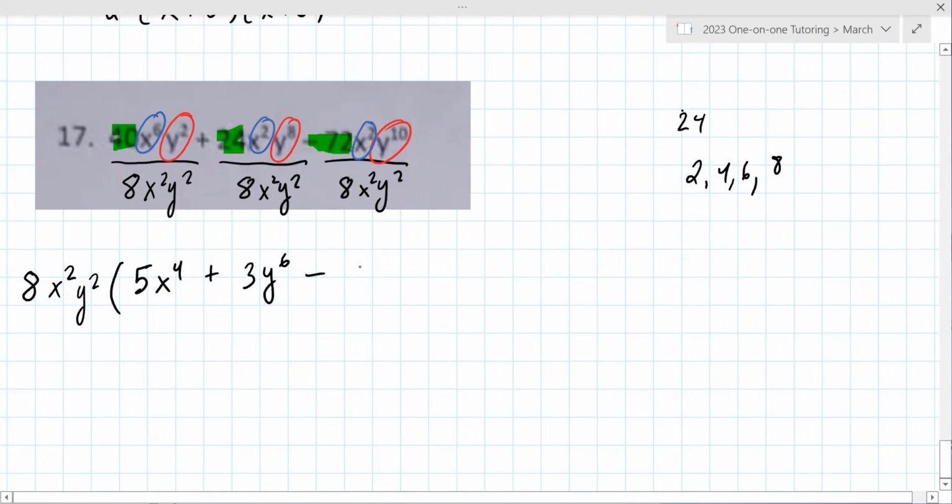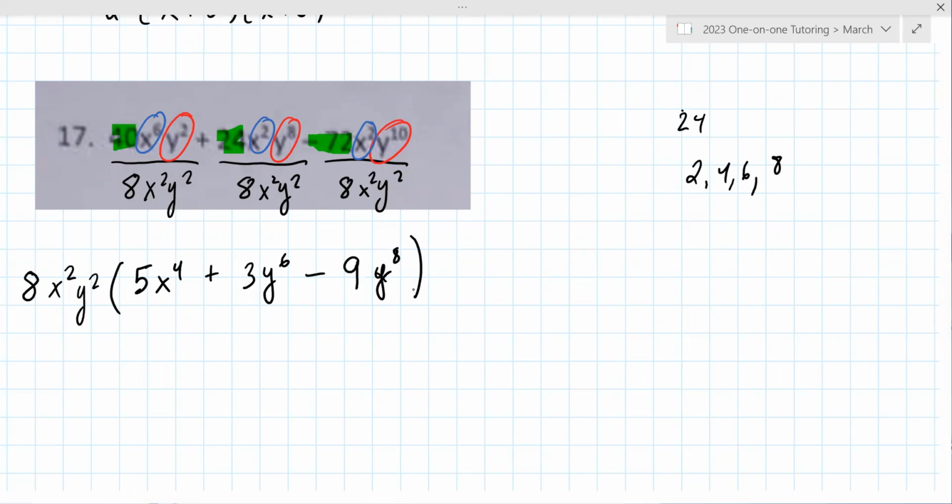Okay. Minus 9 x squared, y squared, so it would be y to the 8th. Very good. And then now, would you multiply 5 times negative 9?